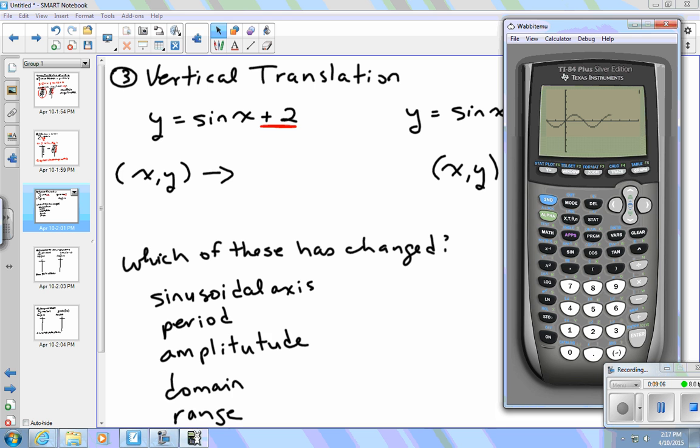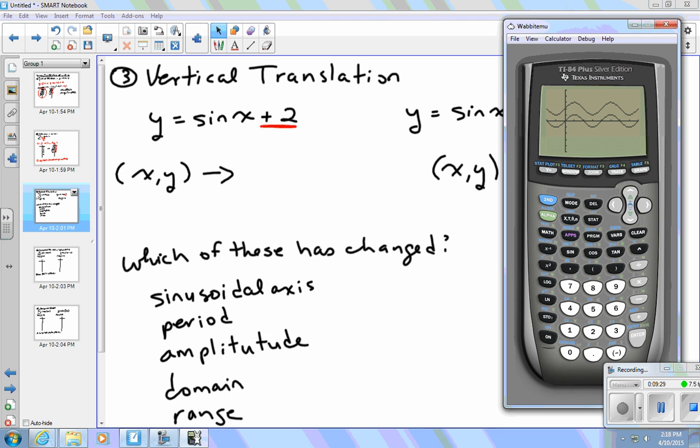There's our original y equals the sine of x, and now we're adding 2 to it. Notice that the size and shape of the graph has not changed at all. The only thing that's changed is that the whole thing has shifted up 2 units. It's still exactly the same size. The period is the same. The amplitude is the same.